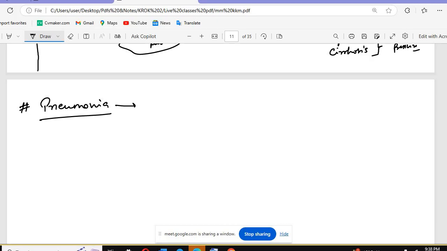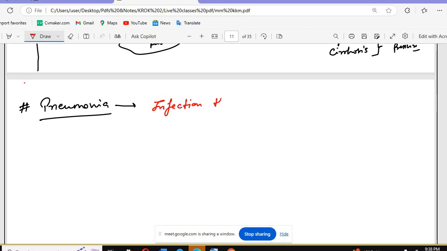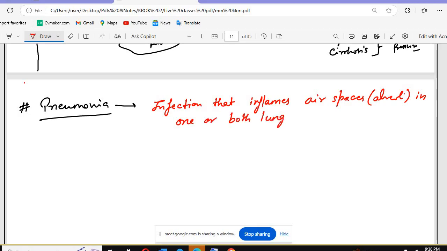Basically, it is some kind of fever, or we can say some kind of inflammation. It is an infection that inflames the air spaces. What are the air spaces? Alveoli, in one or both lungs. That is what we have in pneumonia.